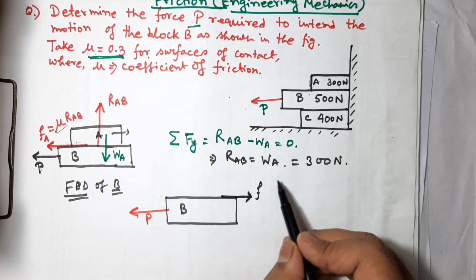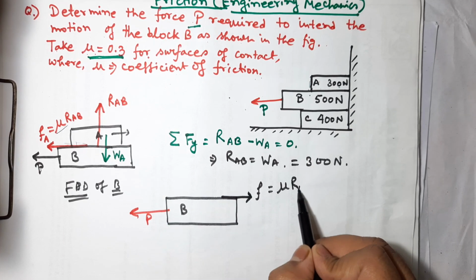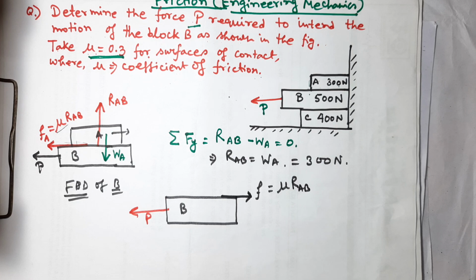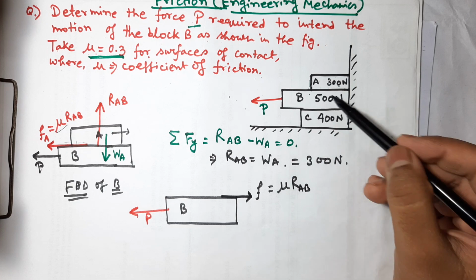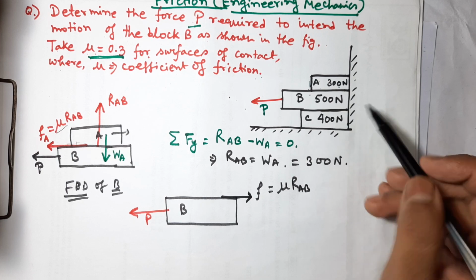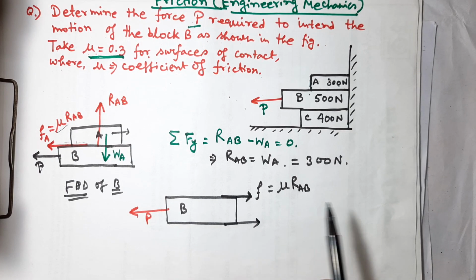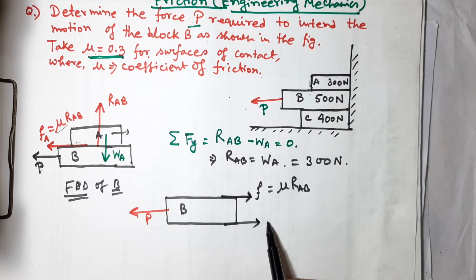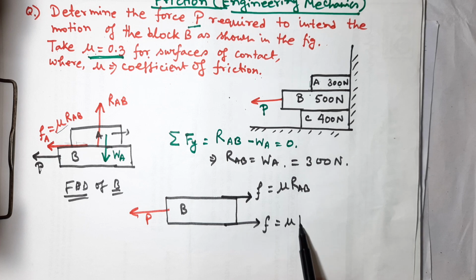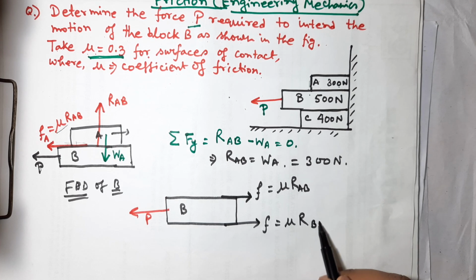So on the B block this is equal to mu RAB. In the same way, between B block and C block a frictional force will be acting in this direction, right? So this F is equal to mu into R, here I am writing RBC.